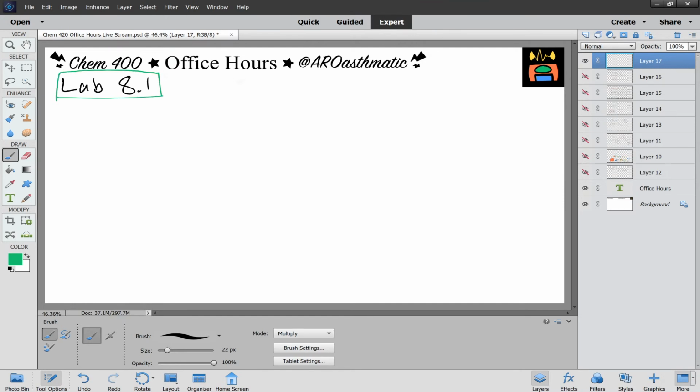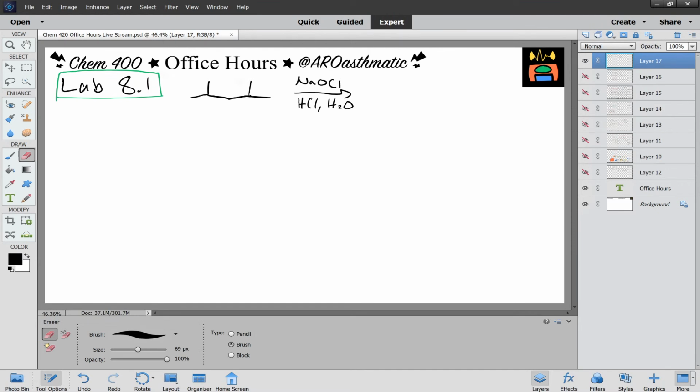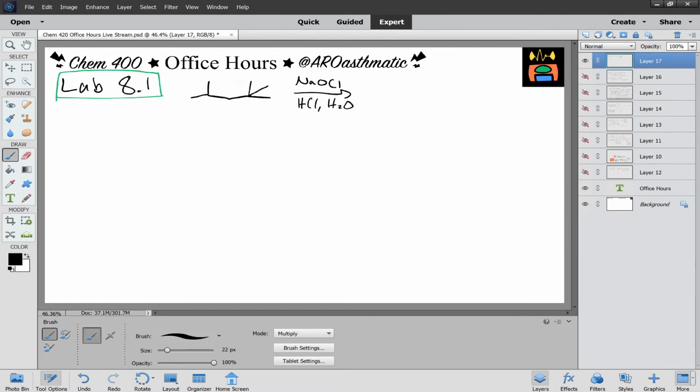So with lab 8.1, we had this substrate. We treated it with radical chlorination conditions, and when you look at this substrate, we can see just by looking at it that there's a finite number of unique radical chlorinations we can do. This will generate 1. If we chlorinated it up here, it'll be the same.